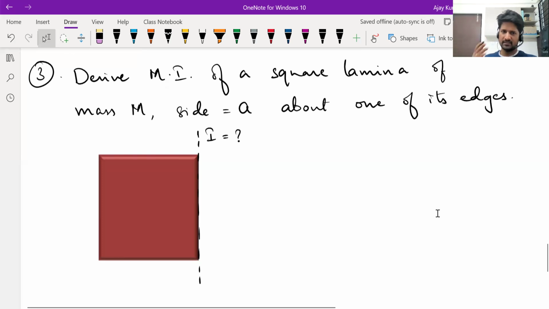Now you can see the axis here. It's like the y-axis. Imagine compressing this system parallel to the y-axis. What does it change into?